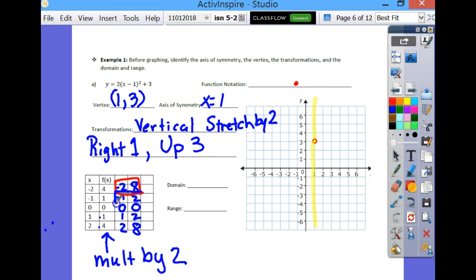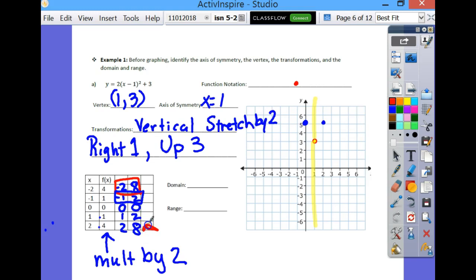I'm going to count these points right here from my new vertex point. I'm going to go left 1 and up 2. I'm going to count these points from my new vertex point. I'm going to go right 1 and up 2.